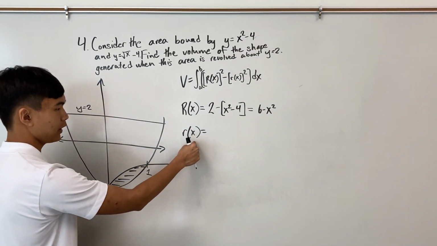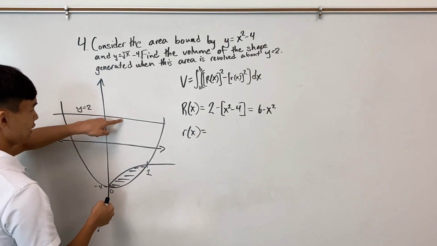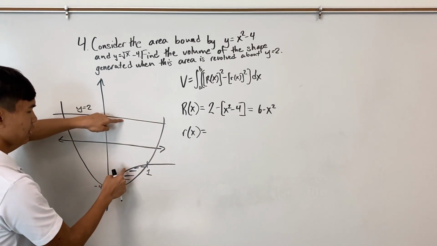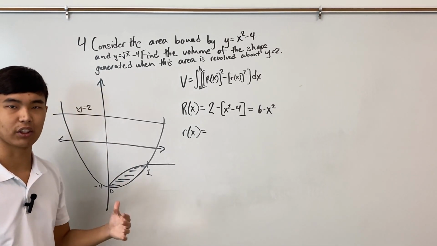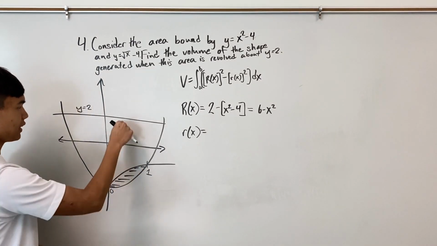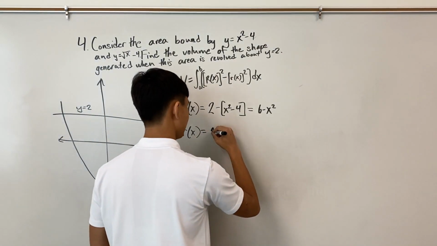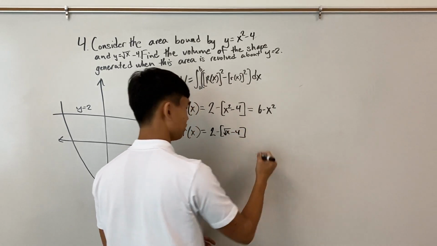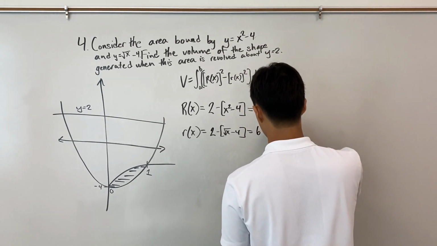Similarly, our little radius is square root of x minus 4, because when I stand on this axis and look down, the closest curve is square root of x minus 4. But again, that's not the true distance from this curve to the axis of revolution. So we also have to find this difference with square root of x minus 4, and that gives us 6 minus the square root of x.